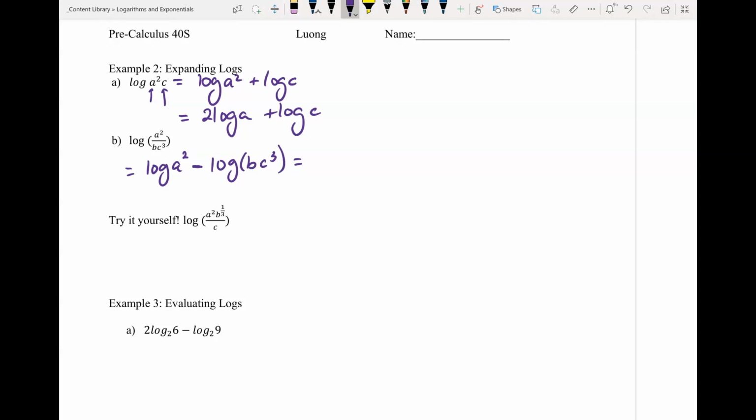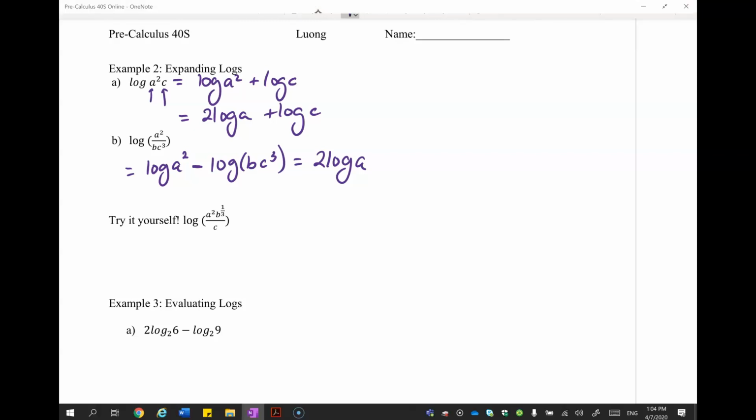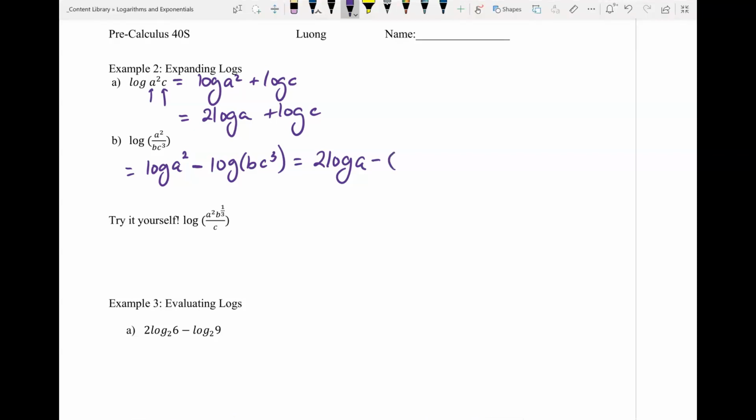So for log a to the power 2, I can use our power law and bring the 2 down. And then for our next term, I can actually separate this log b c to the power 3 because this is multiplication in here. So I can use our product law, which becomes log b plus log c cubed.